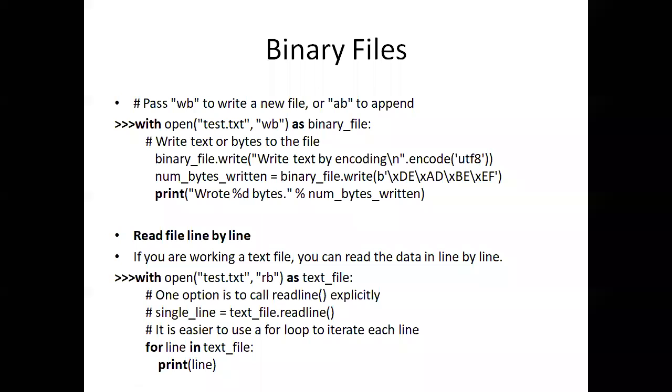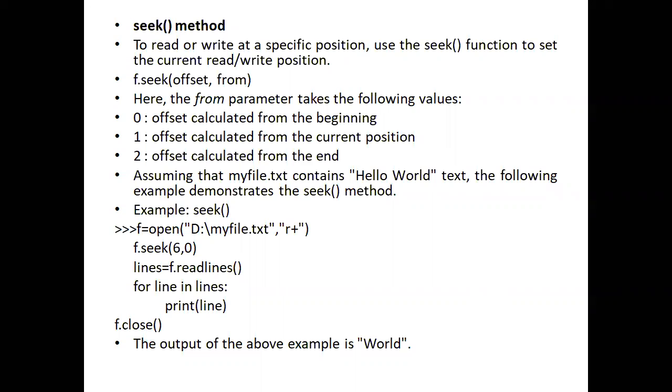So you can write or you can read. Next, we have the method called seek. This seek method is used to move the file pointer to a particular location. For example, I already have one file and I need to add some records into it, either at the beginning of the file, the ending of the file, or a particular position.